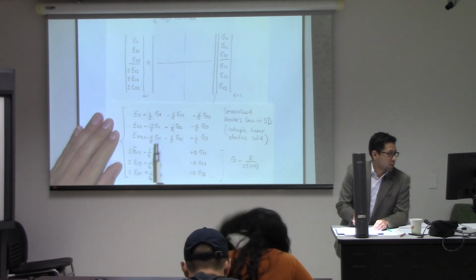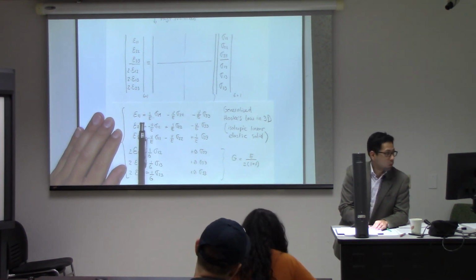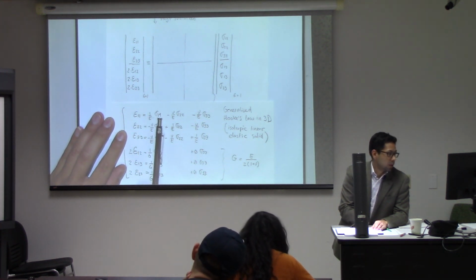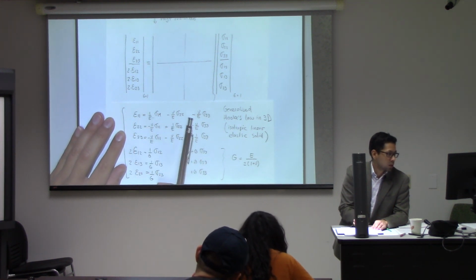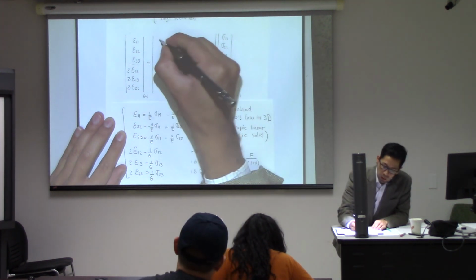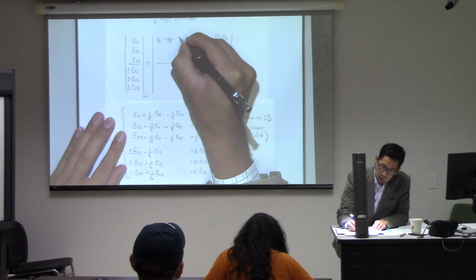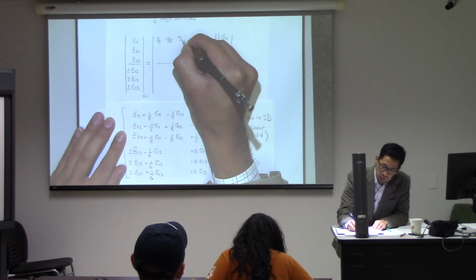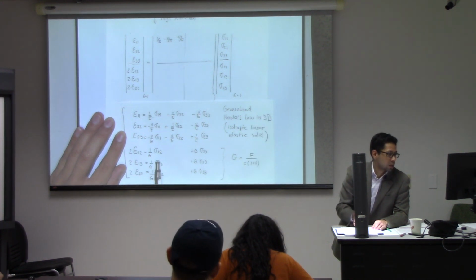So if, for example, I want to write the first equation, you see, in order to get that one, I just have to multiply these 3 coefficients to those 3 ones. So this is going to be 1 over E, minus Poisson ratio divided by E, minus Poisson ratio divided by E, and no shear stresses.